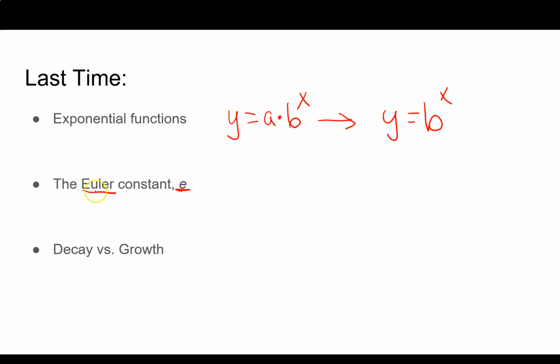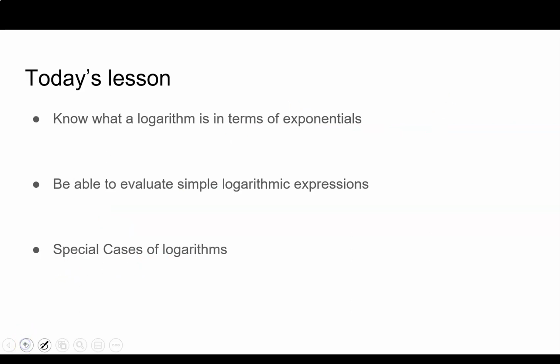Technically, it was designed by a guy named Euler. So we're going to look at e and how it relates to all of what we're doing. You also need to understand decay versus growth. We saw decay happen when b was between 0 and 1, and growth happened when b was greater than 1.